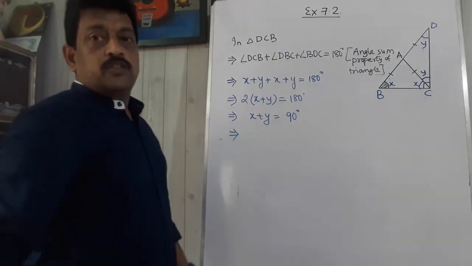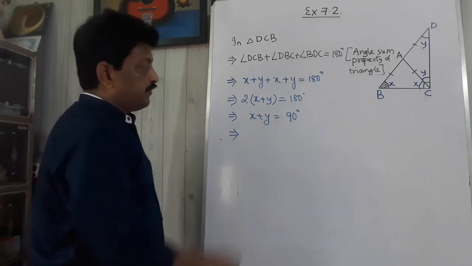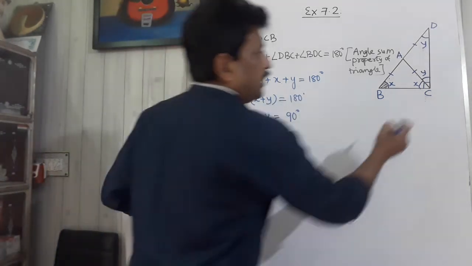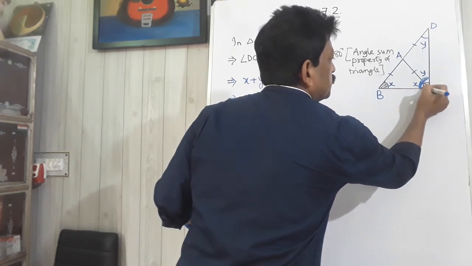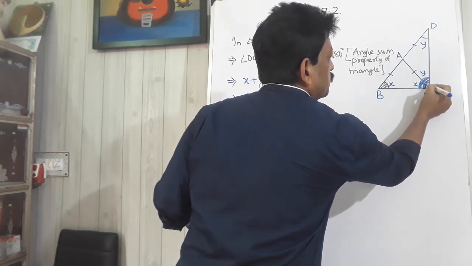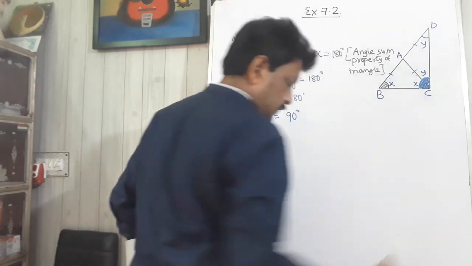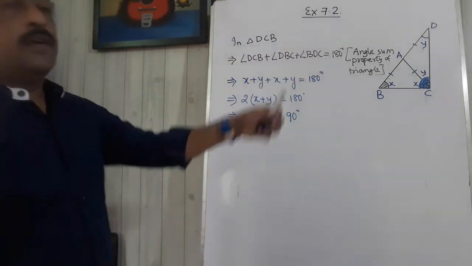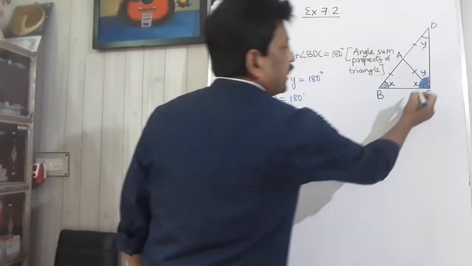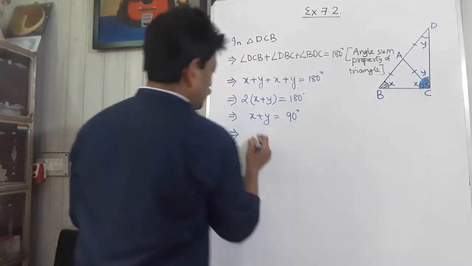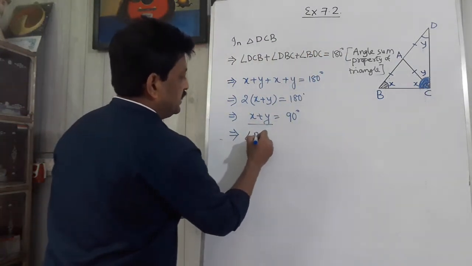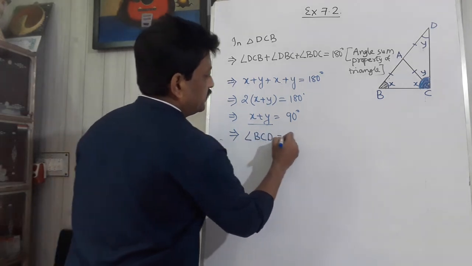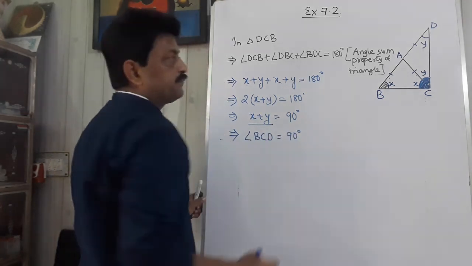Now what is x plus y? What is the meaning of x plus y in the diagram? Yes, it is x plus y, the whole angle DCB. So in place of x plus y, we can write angle BCD equals 90 degrees.